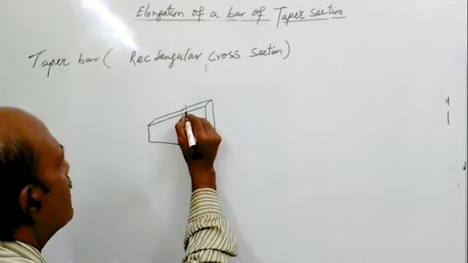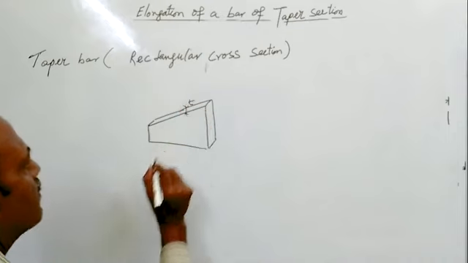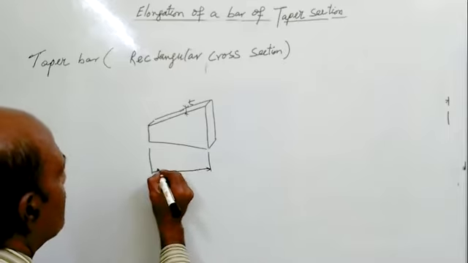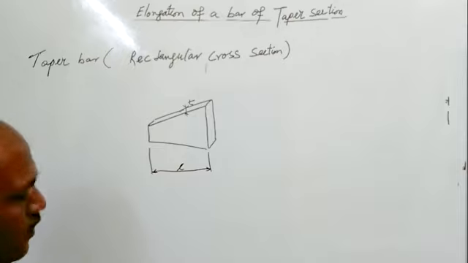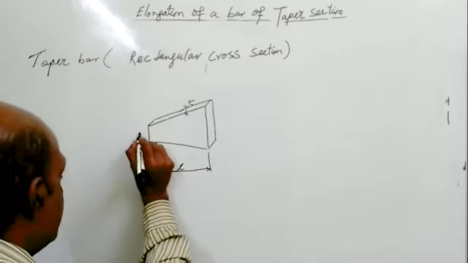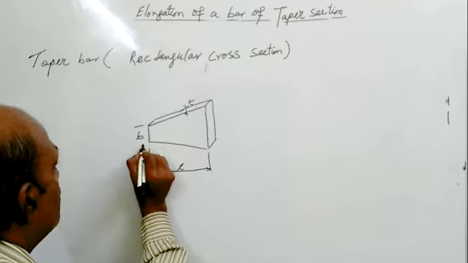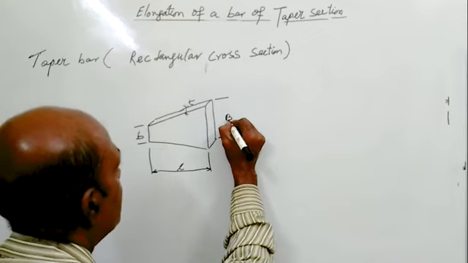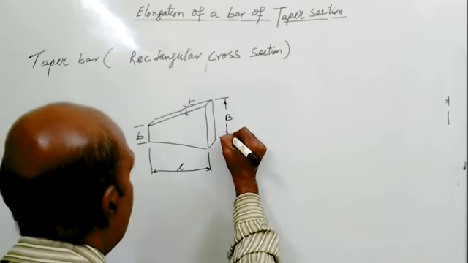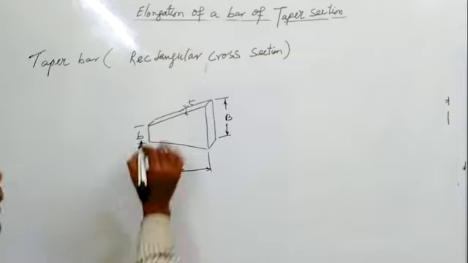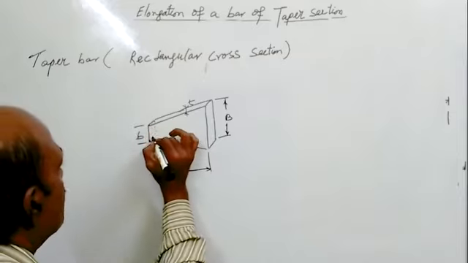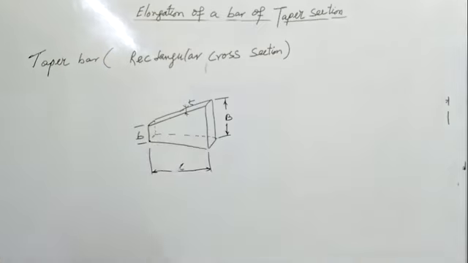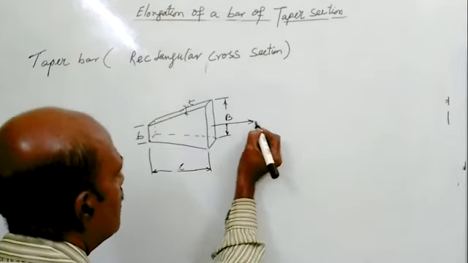T is the thickness, L is the length of the bar, and at one end, small b is the width, and at the other end it is capital B. So this is the rectangular taper bar given, and we have to find the deformation produced in this taper bar. The taper bar is under load P.